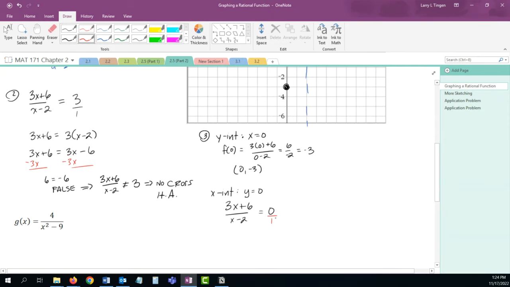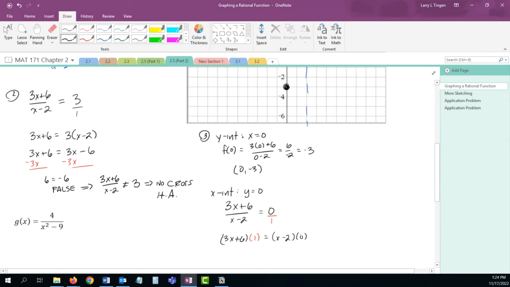I still have my ratios on both sides. I've got the rational expression and ratio over here. If two fractions are equal, then their cross products must be equal. So that means 3x plus 6 times 1 must equal x minus 2 times 0.